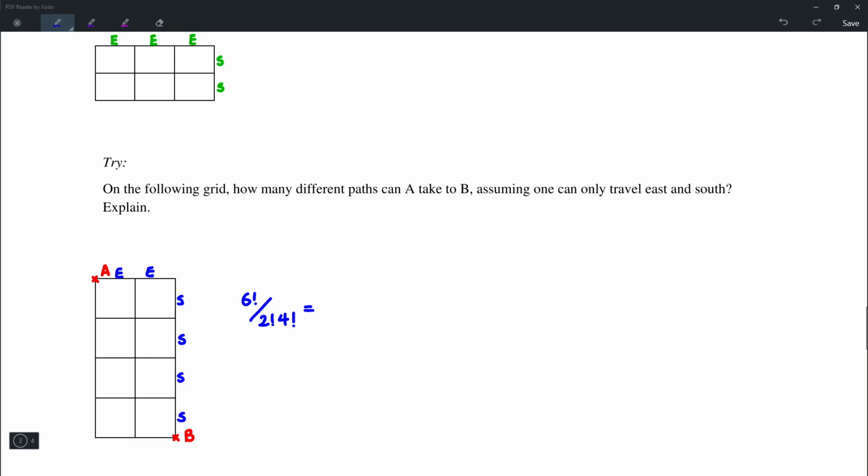And just like the last example, we can expand partially the numerator. In this case, the 4 factorials will be eliminated. So 6 times 5 is 30. 2 factorial is equal to 2. So there will be 15 different paths.